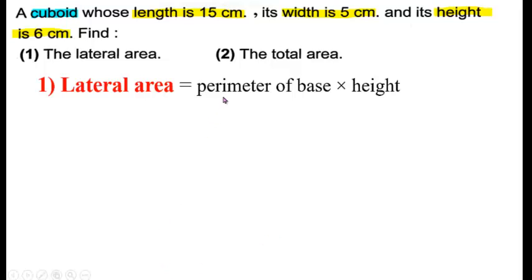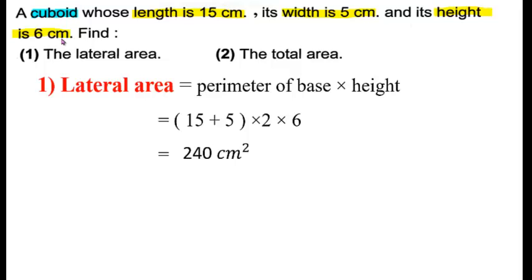So the perimeter of the rectangle is going to be length plus width times 2, and this is for the perimeter of the base. And then I'm going to multiply by the height, which is equal to 6 centimeters. So 15 plus 5 all multiplied by 2 times 6. The lateral area is equal to 240 centimeters squared.